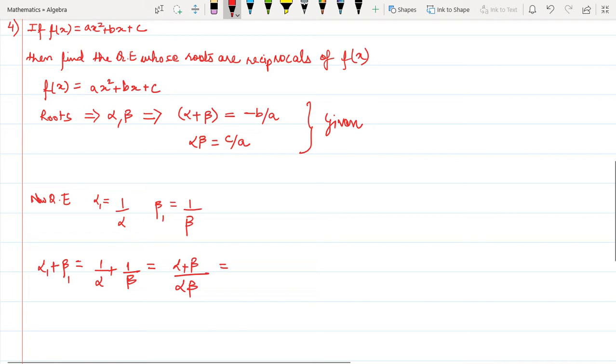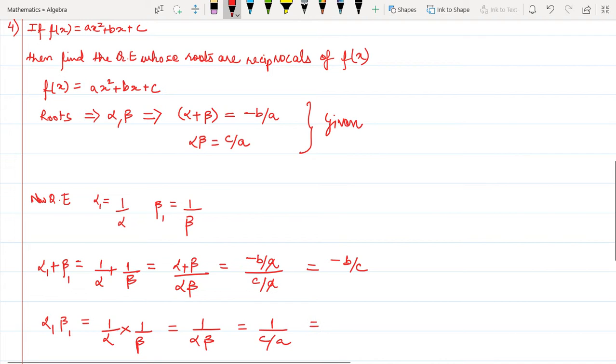Now I know that alpha plus beta is minus of b by a and alpha beta is c by a. So my sum of roots of the new quadratic equation becomes minus of b by c, because a will get cancelled with a. Now the product of the roots, alpha 1 multiplied with beta 1, will be equal to 1 upon alpha into 1 upon beta, which is equal to 1 upon alpha beta, which is equal to 1 upon c by a, which is equal to a upon c.